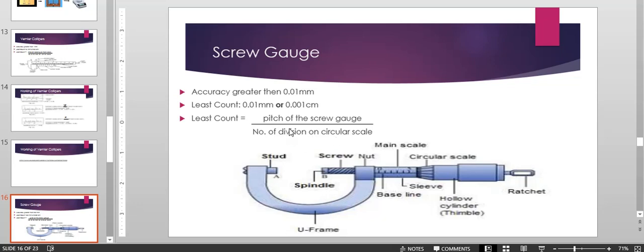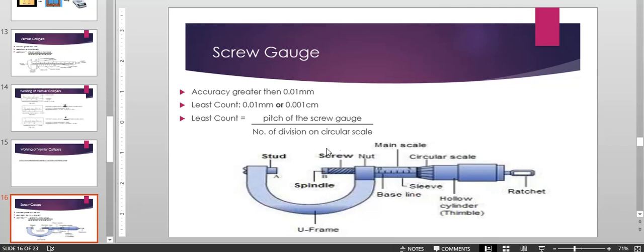By pitch, we mean the difference between two lines on the main scale, which is equal to 1 millimeter mostly. And by the number of divisions on the circular scale, we mean the total divisions on the circular scale that can vary from 50 to 100 to 200, etc., in order to have more accuracy.